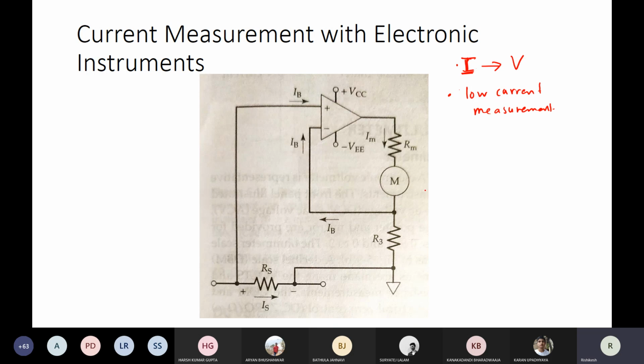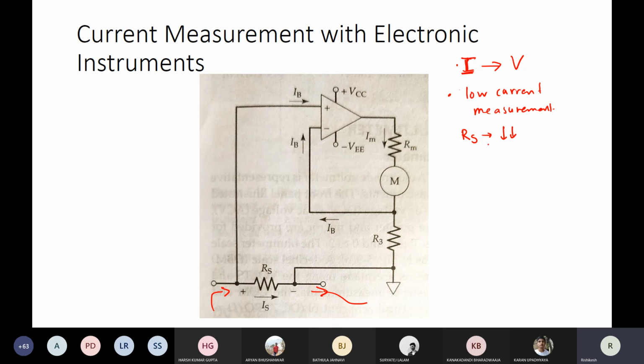What is done here is that you connect a series resistance RS in the circuit in which you want to measure the current. Let's say there is a circuit, and in this branch we want to measure the current. You put a very low value resistance in series so that it does not affect the circuit.